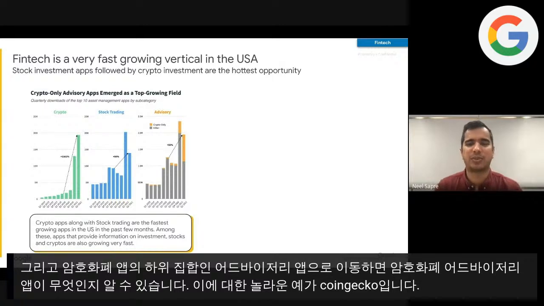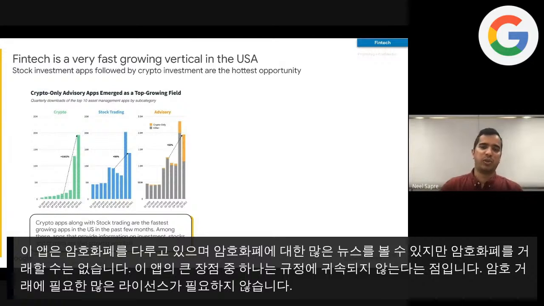Now, what are advisory apps, right? An amazing example of an advisory app is CoinGecko. These apps talk about crypto. You can query a lot of cryptocurrencies. You can see a lot of news, a lot of trends, tips shared, etc. What you cannot do on crypto advisory apps is buy and sell cryptos. They only talk about cryptos. Now, this has a lot of advantages, right?